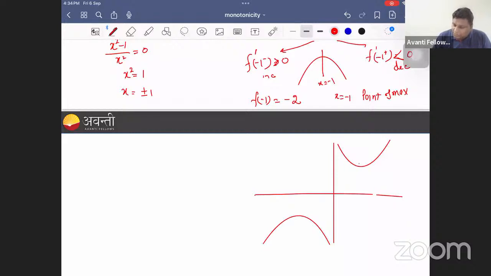This is x equals minus 1, and this point is (minus 1, minus 2), the point of maximum. And this is x equals 1, the point (1, 2), which is the point of minimum. Am I clear? So this is how it works.